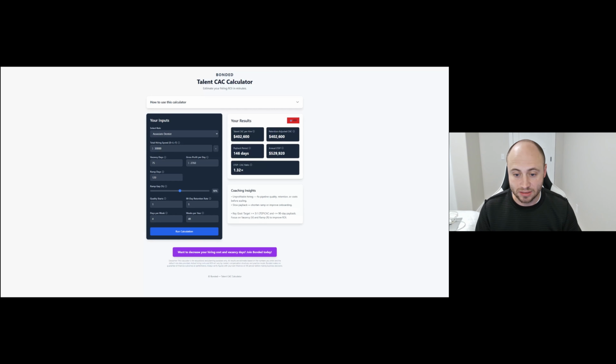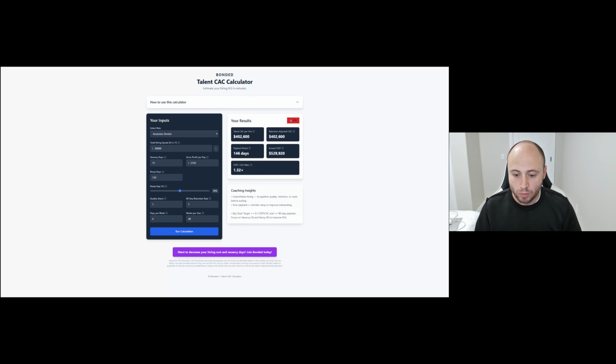We want that ideally 3-to-1, and so there are different things that we can do to make that ratio better. And the coaching insights below help share what we could potentially do. All right. So we could improve onboarding, we could decrease the vacancy days, and decrease the hiring spend. Those are all things that we could do to increase the return on investment.